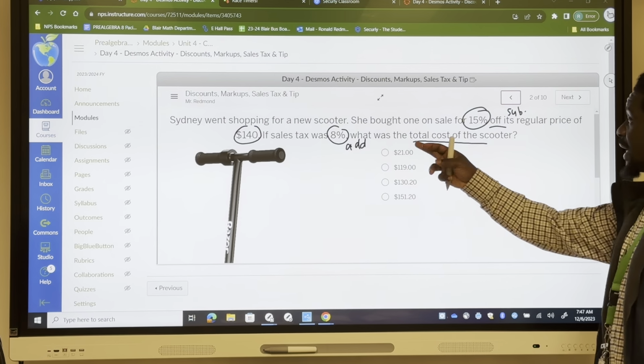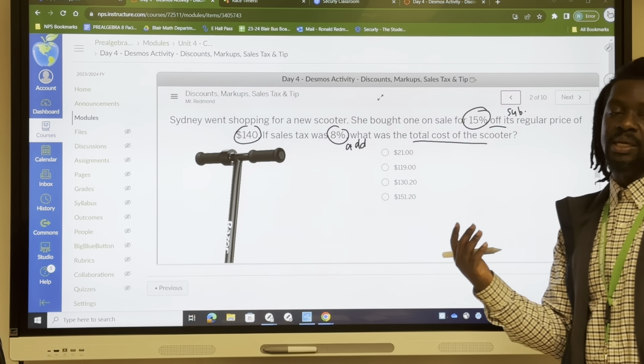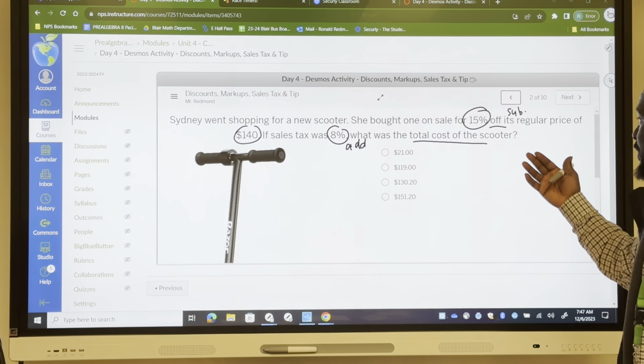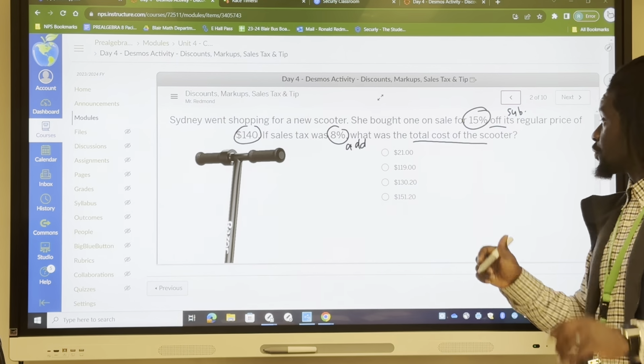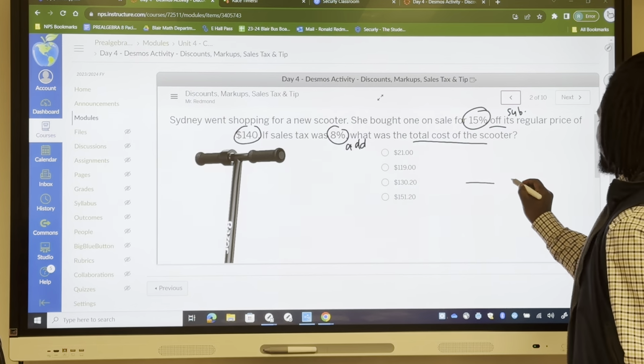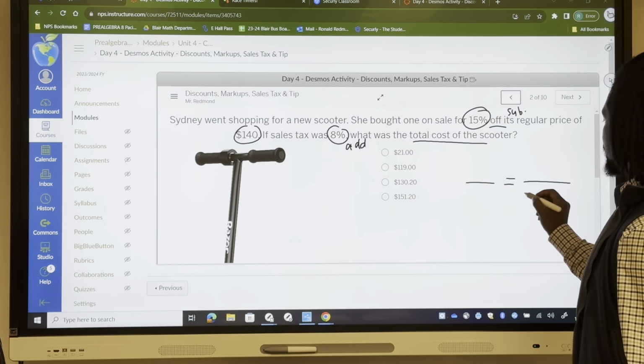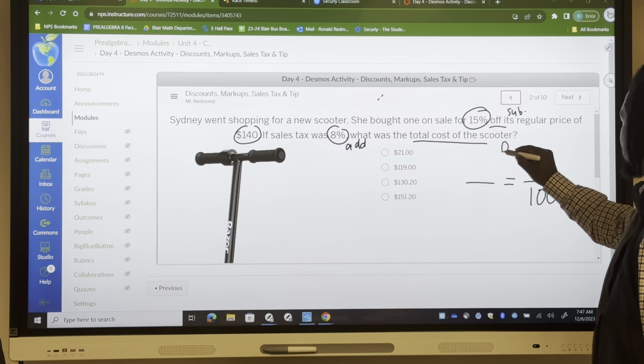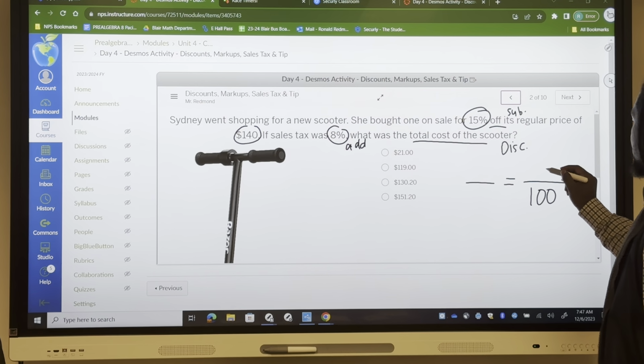So because we have two different things that we're gonna end up doing once we figure out the X or the P, we need to set up two separate proportions, okay? So the first proportion is gonna be figuring out the discount, okay? This is the discount amount.